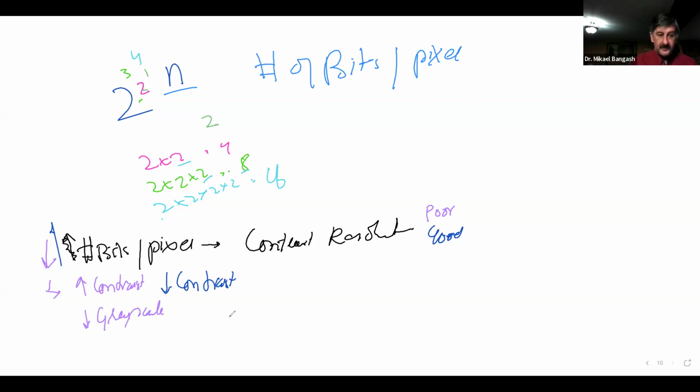On the opposite side, greater number of bits per pixel is going to give us a greater grayscale. That makes sense?